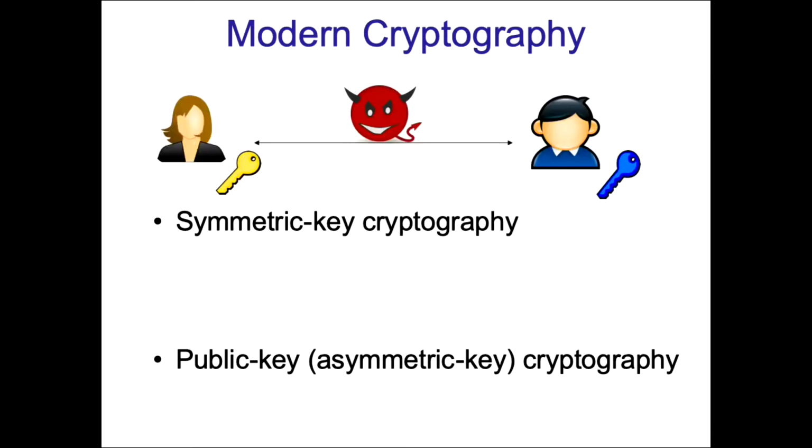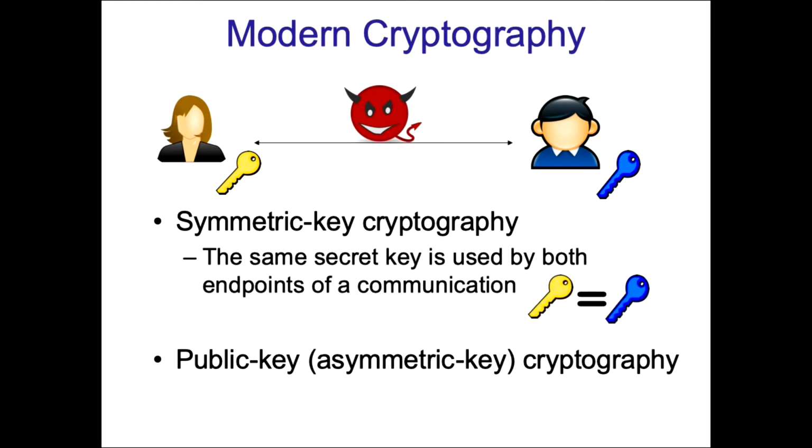Okay, so we're going to study two types of cryptography in class. One is symmetric key encryption, and the other is public key or asymmetric key cryptography or encryption. So the symmetric one basically says that Alice and Bob here, who are communicating over an insecure channel, symmetric key cryptography says that the keys are the same. Okay, so Alice and Bob have to share a key that is the same key and that no one else knows.